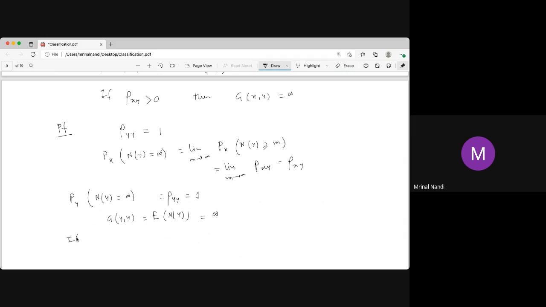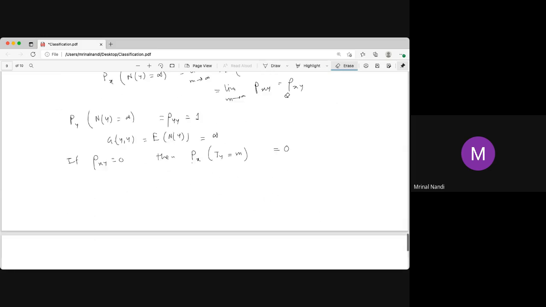Now, if rho_xy equals 0, then what happens? Then, starting from x, the probability of reaching y with hitting time m is 0, because rho_xy is 0. Since this holds for all m, it can't really hit y starting from x. This probability is 0 for all m.